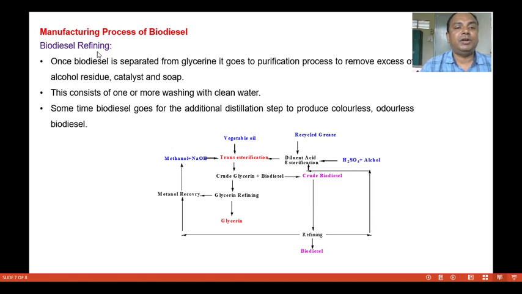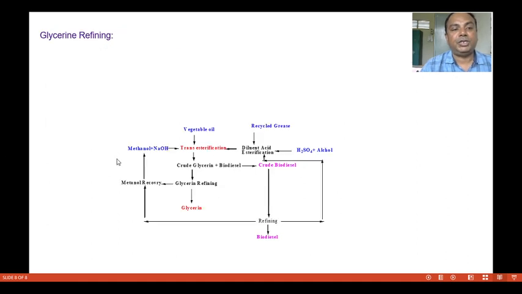After the distillation, what we get is the colorless, odorless biodiesel. So this is biodiesel refining. This is then dried and can be used.